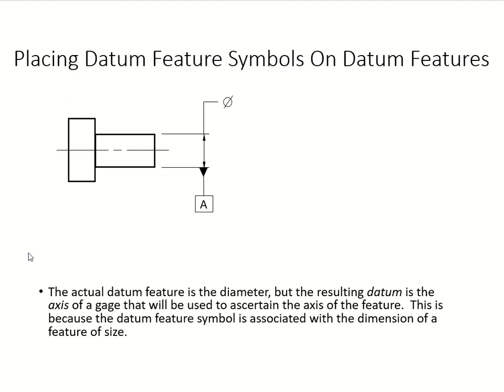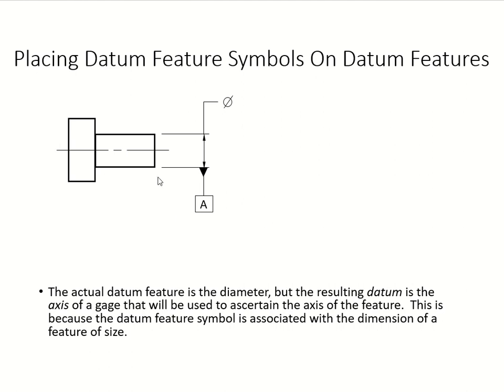Okay, the next one, we're going to stick our datum A right here on this extension line of this feature size. And in this example you have your diameter symbol because you're dealing with a cylinder from the front view.